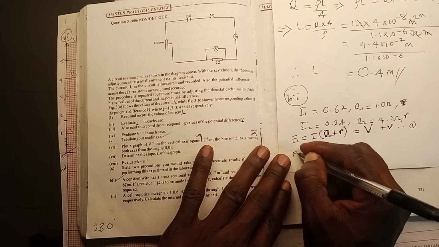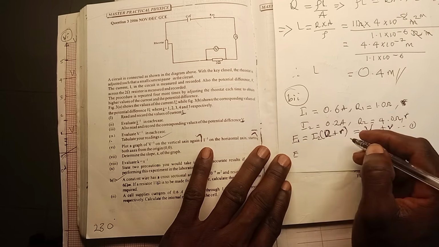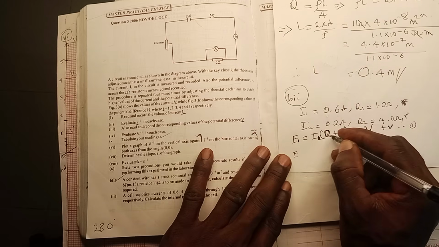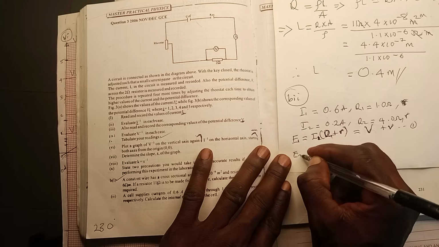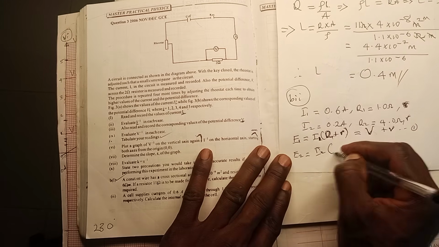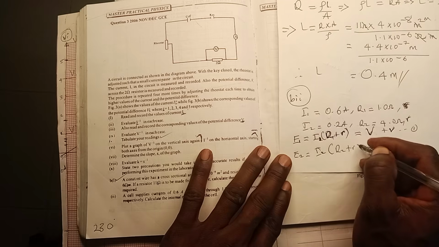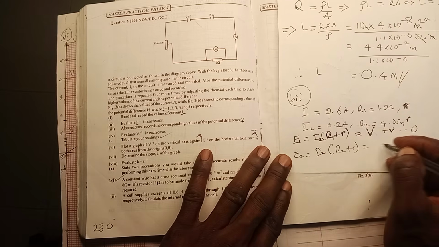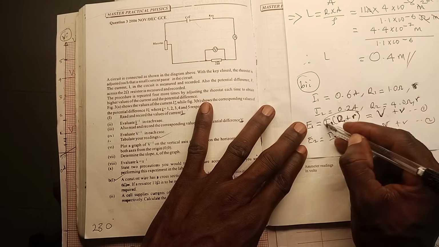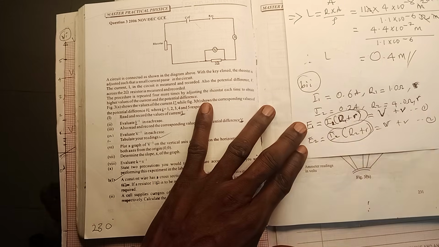So we have, let's call this our I2, and then our R1. So we have our I2, E2 is equal to I2 into R2 plus R, which is the same thing as capital V plus small v, equation number 2. So we're going to equate this to this.